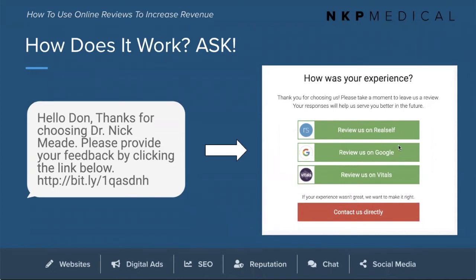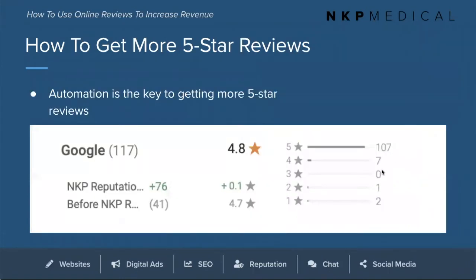Now, another important part about asking, and a key to this for many practices, is the automation behind it. We believe the easiest way to do it is to get this synced up with another software that you might use. When I say integration and sync, I mean if you have a scheduling platform or an EMR or CRM, we'd like to connect to that.